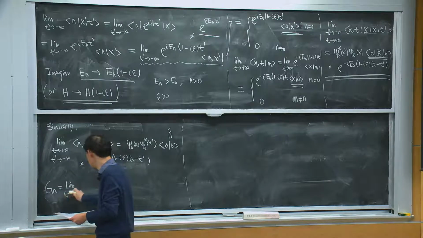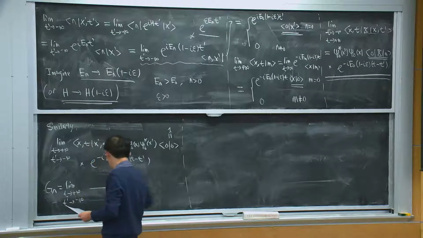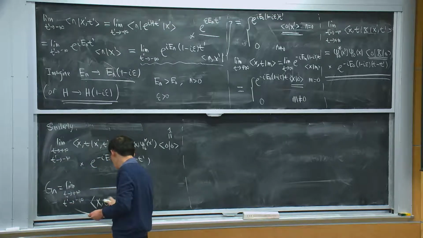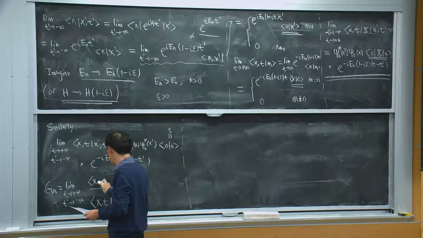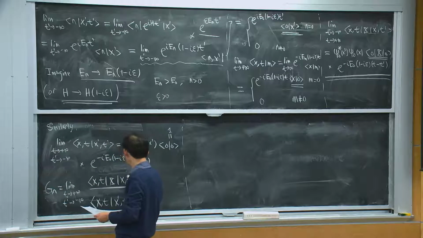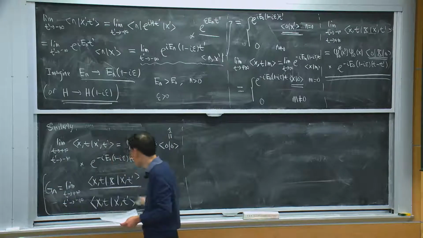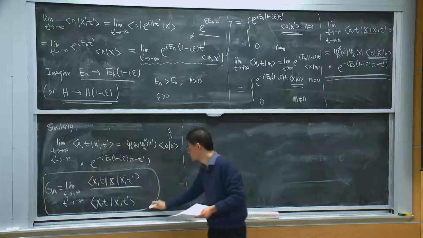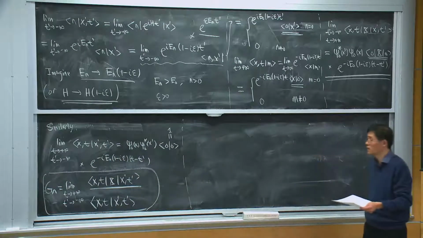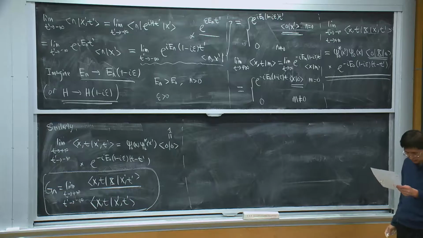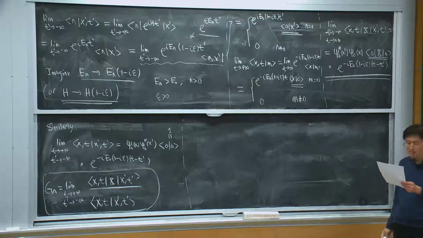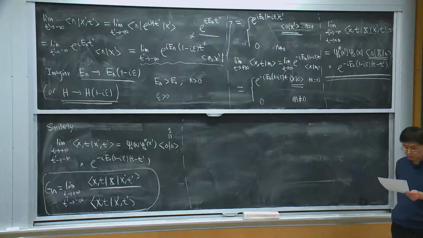Take the limit t to plus infinity, t prime to minus infinity, with x t, x prime t prime, and x t, x t. You can just define that as a ratio between the two. So this gives you the expression for calculating this Green function, this correlation function. And x is any time ordered product.